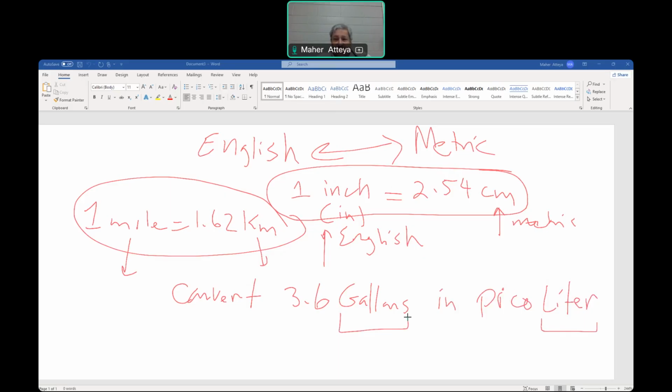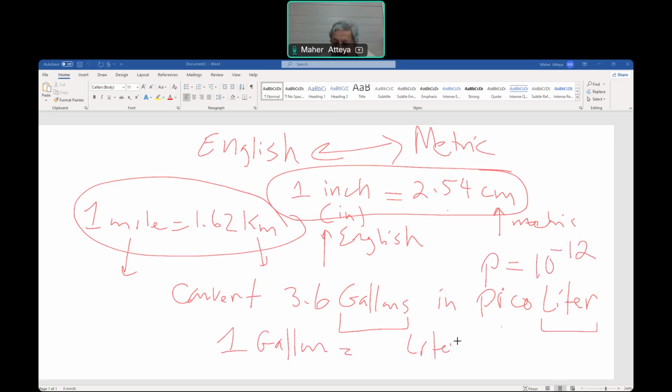Now, there is no connection to memorize any converter, but we have to know what pico is. Pico, symbol P, means 10 to the minus 12, the opposite of tera. Now, with this in mind, what's the relationship between gallon and liter?